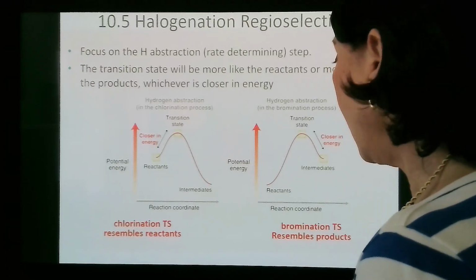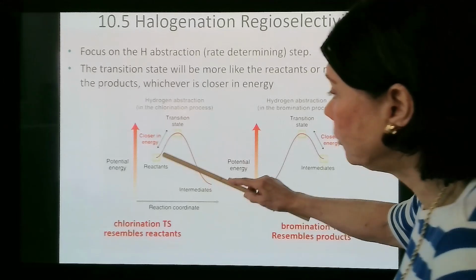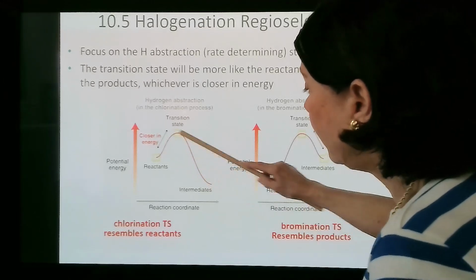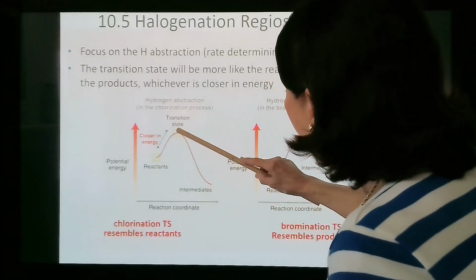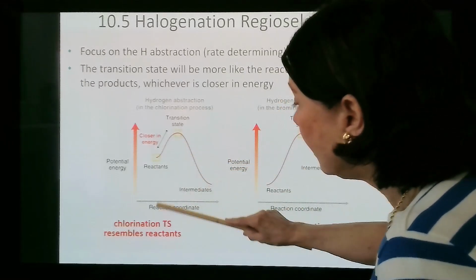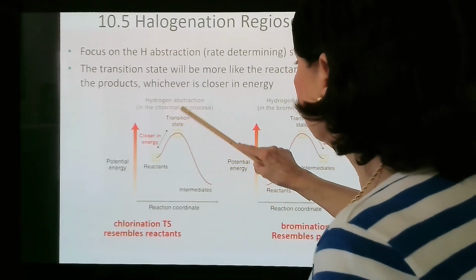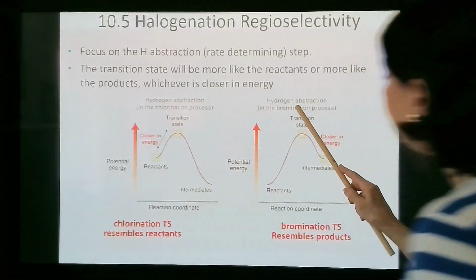Here, this is chlorination again. This is what you just saw a minute ago. This is chlorination, where you go over a relatively small energy hill and you go down to the intermediates. This is bromination.